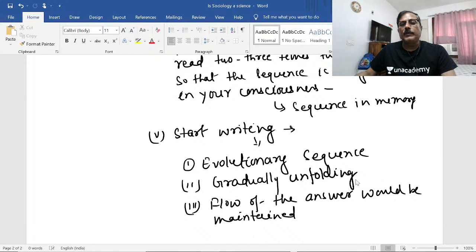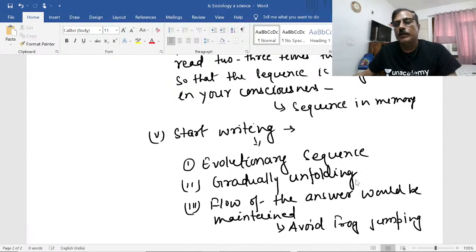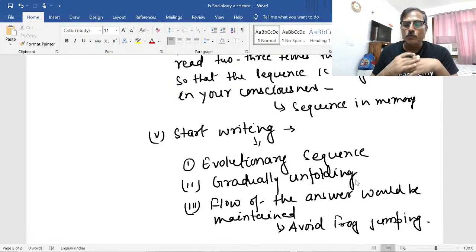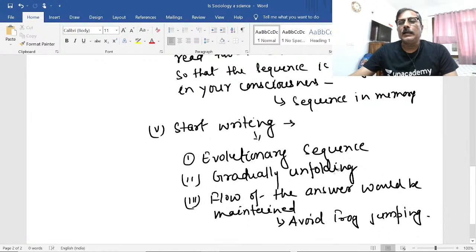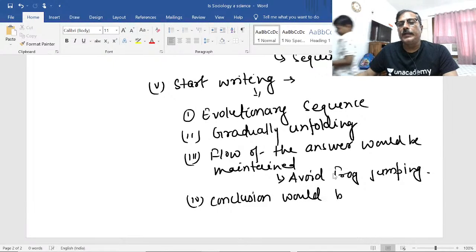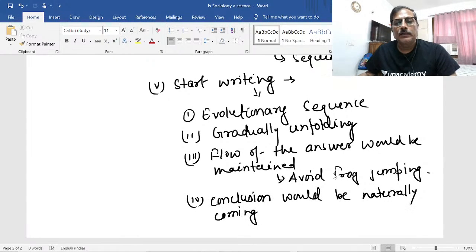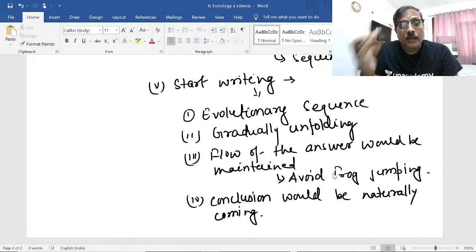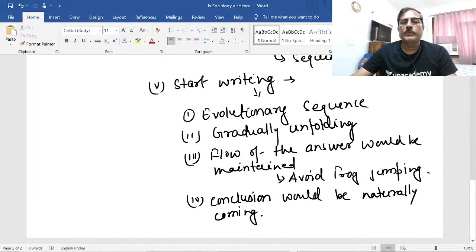That means you will avoid frog jumping or random writing, right? You might have seen frog leaps directly. No, you should gradually move towards the description of your answer. And when you write in this evolutionary sequence, the conclusion would come naturally, right? So all these things will show in our writing, that is, in the answer in sociology.